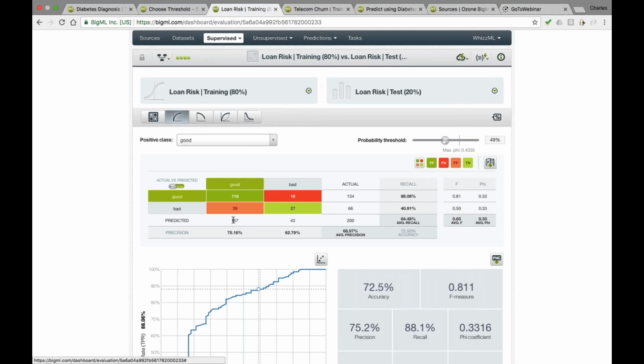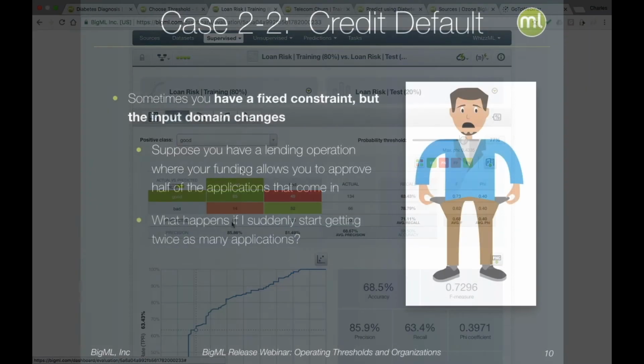Just because I think this many people are going to succeed in general doesn't mean that I can loan money to all those people. Like I said, I can only loan money to half of the loans that come in. So that means raising this threshold until I get to 100 here out of the 200 total. And that's pretty close. And so there we go. Now I've set this much higher bar for acceptance. I'm only accepting half of the loans that come in, and so I'm happy.